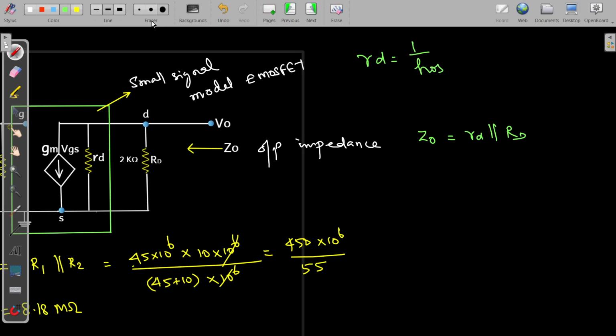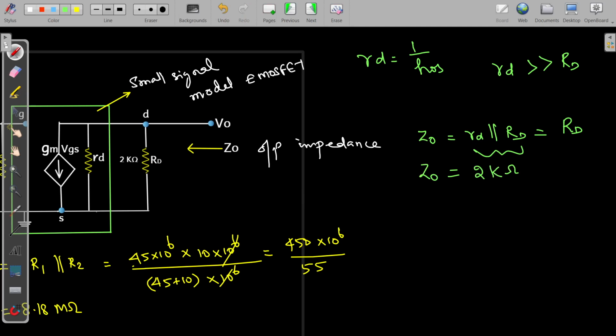But these parameters are not given. Another thing is usually this rd value is very much greater than capital RD, so it can be neglected in the parallel combination, so Zo would be equal to capital RD. In our case capital RD is 2 kilo ohm, so Zo is 2 kilo ohm. So we got the answer for Zo also.